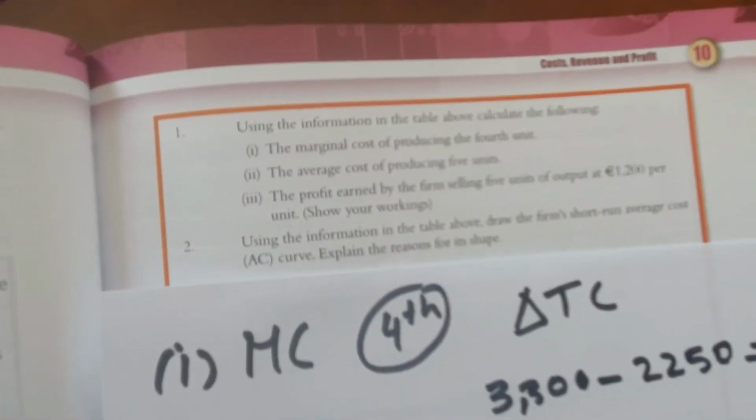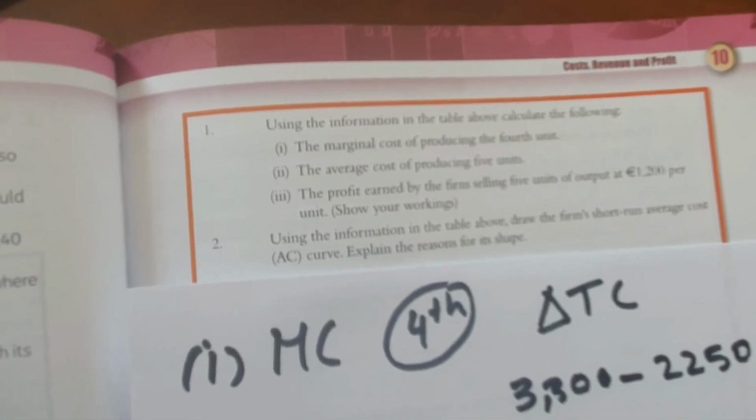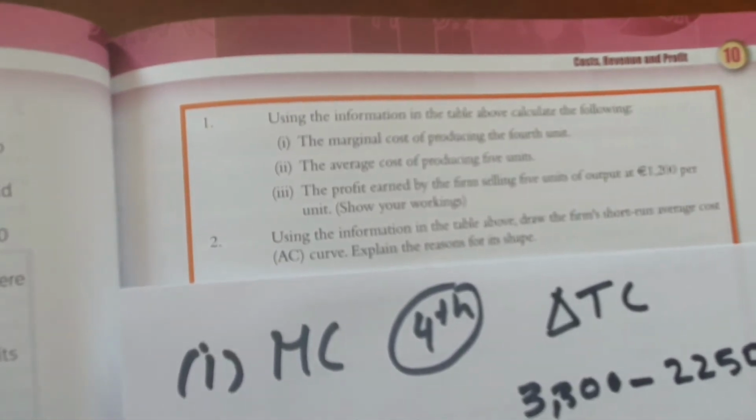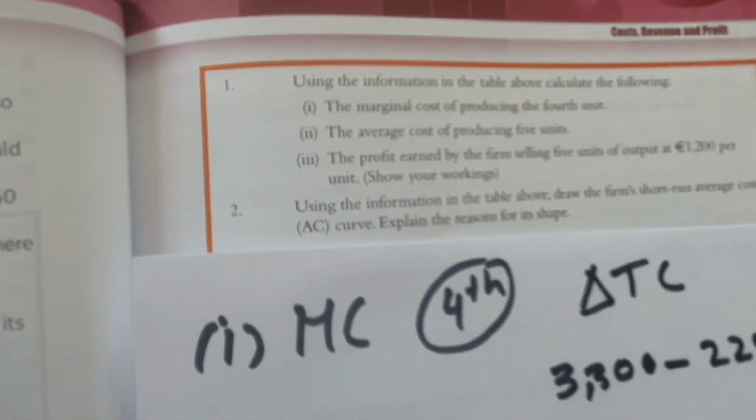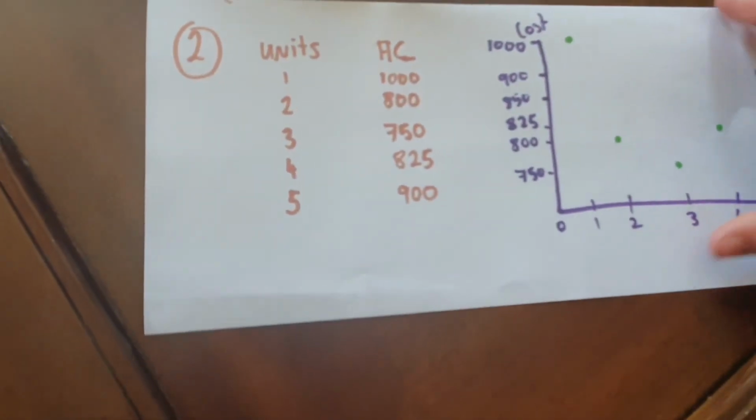Using the information in the table, draw the firm's short-run average cost curve and explain the reason for its shape. Okay, so this is what I would do. Easiest thing to do is rewrite that table, just for your own sake.